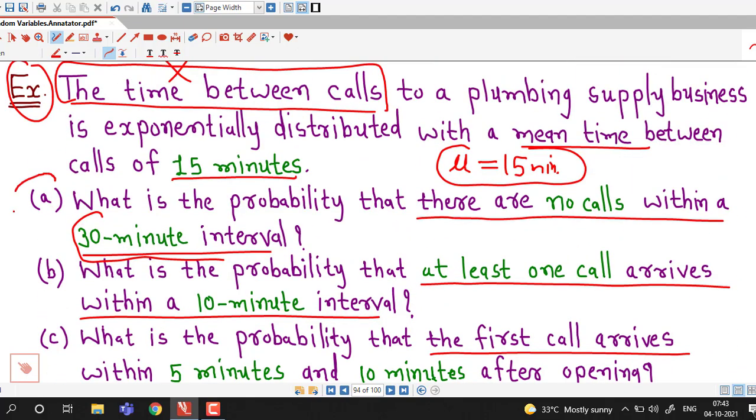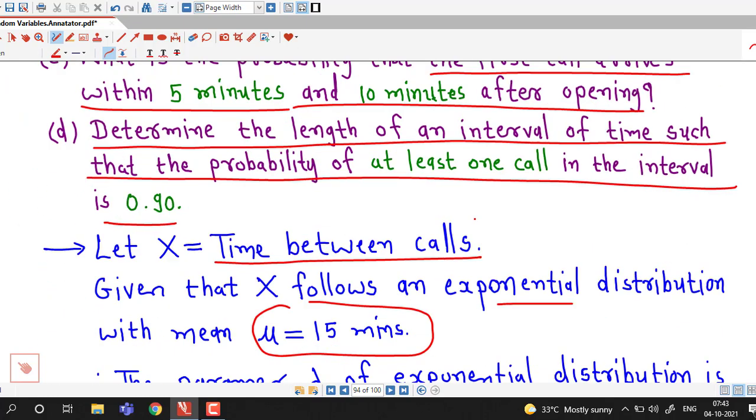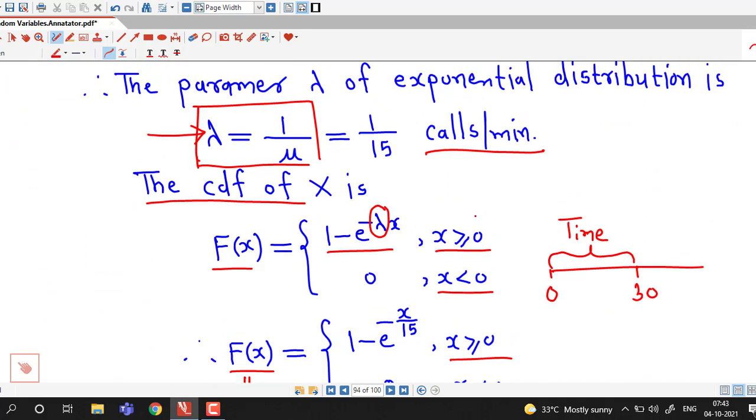In this time interval there are no calls, and our X is nothing but time between calls.